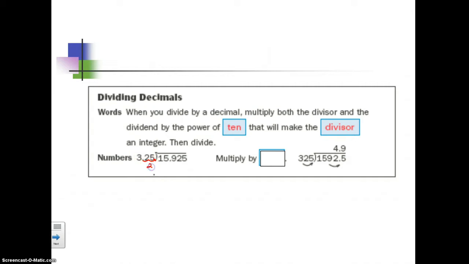So this is 2 places. That means that I want to move 2 places inside the division sign. This is called your dividend. 1, 2. And you can see that's what they did. Essentially, you are multiplying by 100, but that's moving 2 decimal places.